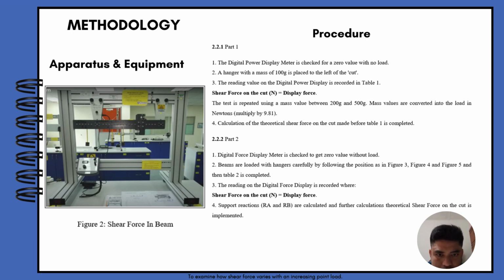Third, the reading value on the digital force display is recorded in table 1 as the shear force on the cut, in newtons, as display force. The test is repeated using mass values between 200 grams and 500 grams. Mass values are converted into load in newtons for calculation of the theoretical shear force on the cut before table 1 is completed.